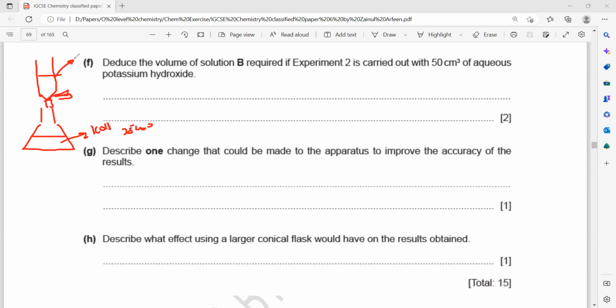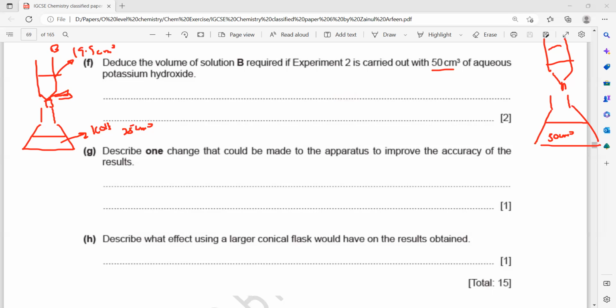We need 19.9 cm cube of solution B for a complete reaction. Now they say if I repeat the same experiment with 50 cm cube of potassium hydroxide, we double the amount, so what volume do we need? It will be double. 19.9 multiplied by 2 will be 39.8.